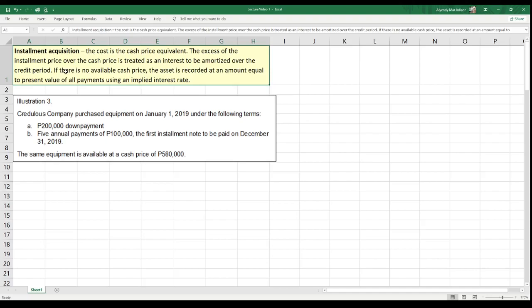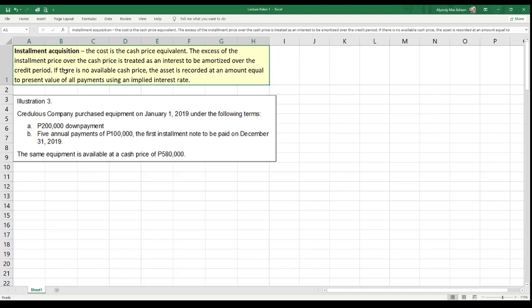But if iyahang utangon, the installment price would have a total of 35,000 pesos. So, the installment price, if utangon, is 35,000, while ang cash price, if bayaran dayon, would be 25,000 pesos. The difference between that 35,000 and 25,000, which is 10,000 pesos, will now serve as interest. And that interest, for accounting purposes, will be amortized over the credit period.